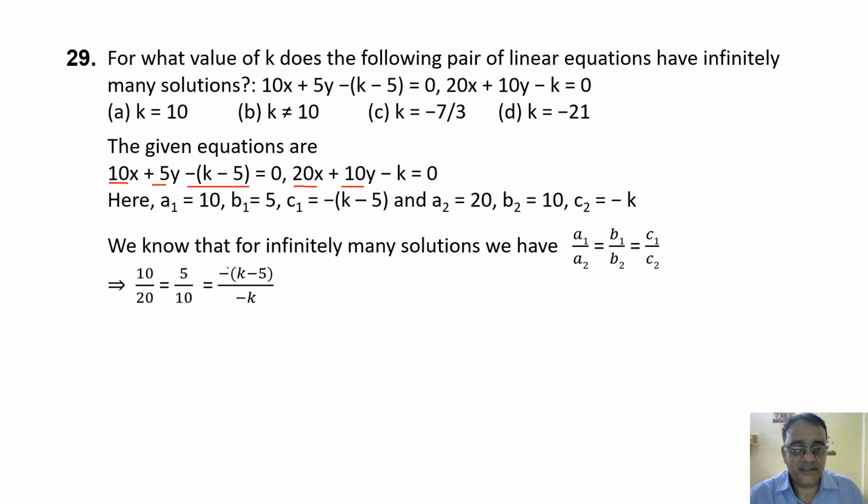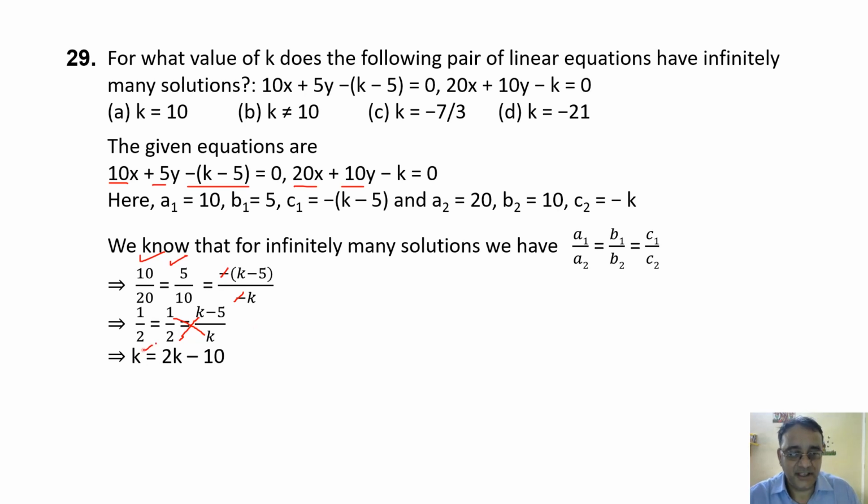So these minus signs we can cancel, and this is 1 by 2, and this is also 1 by 2. So this will be 1 by 2 is equals to 1 by 2 is equals to k minus 5 upon k. So now what we will do, we will cross multiply. So we'll get 2k minus 10 is equals to k.